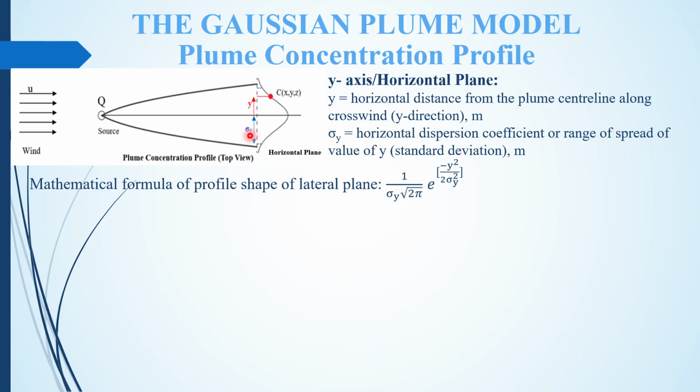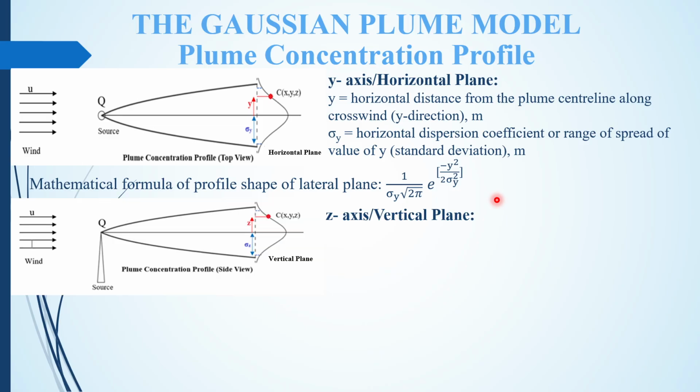So the mathematical formula of the profile shape of the horizontal plane is like this. If you recall the normal distribution curve formula, we just replaced x minus mu with y, because this is mu and this y is x minus mu. So this is replaced by this, and sigma is replaced by sigma y here.